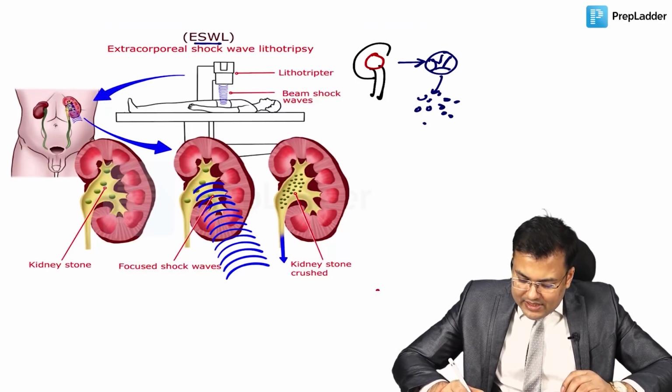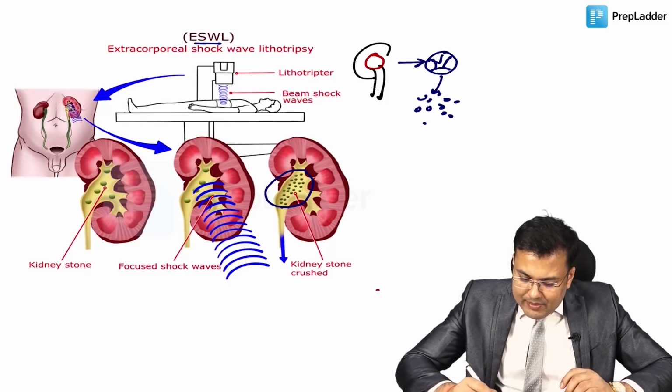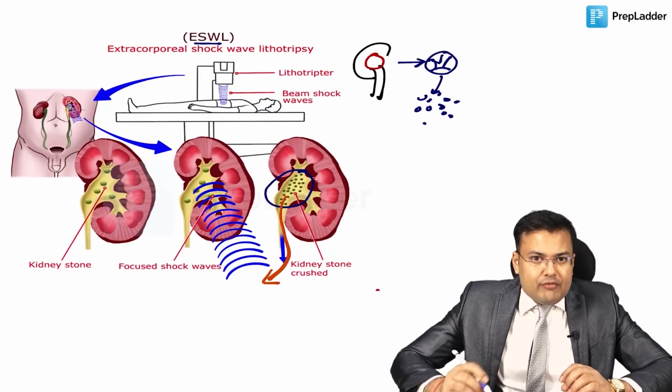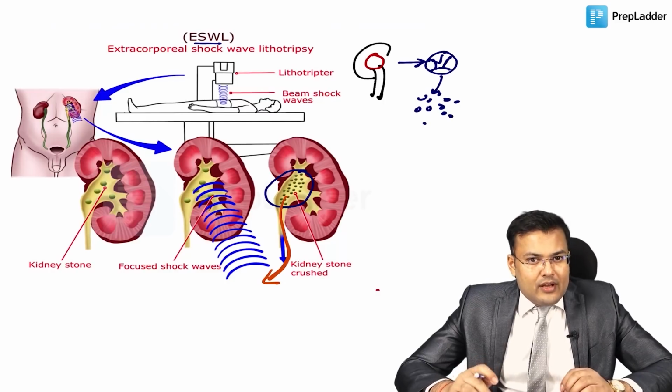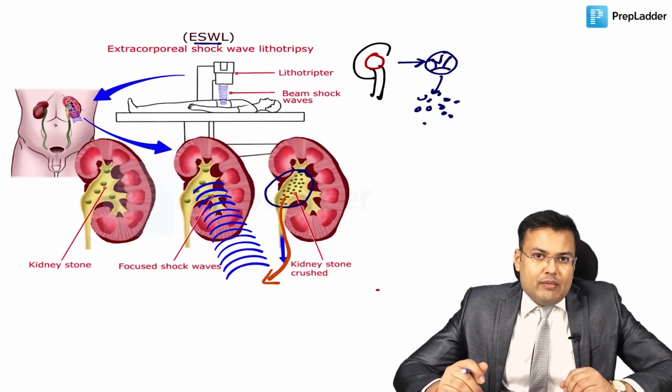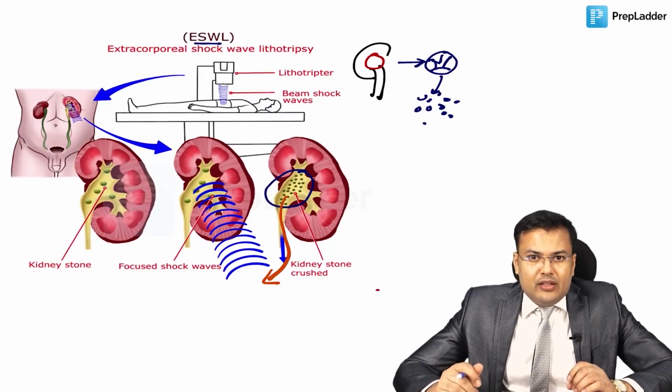After that, you can see these are the stone fragments, and these stone fragments are excreted into urine via the ureter, right? So in this case we are using a gold standard lithotripter. What is the name of that gold standard lithotripter?